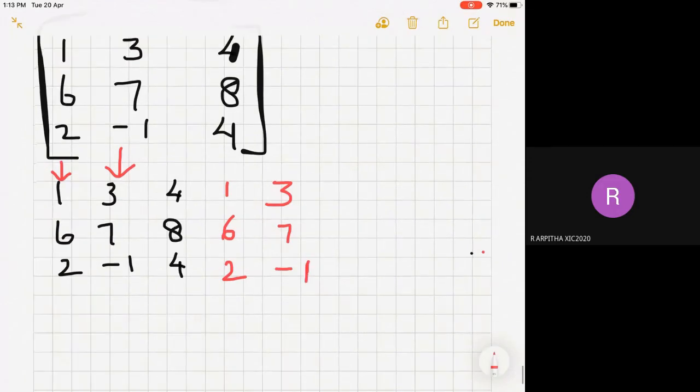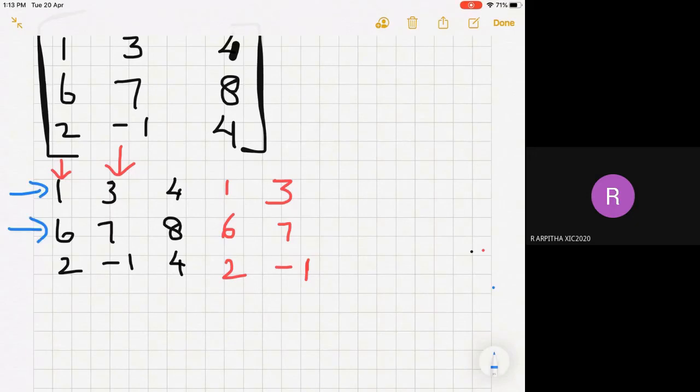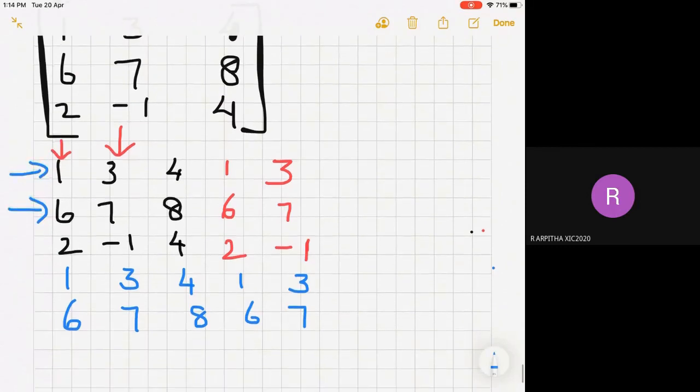Now after that, first I copy the first two columns. After that I copy the first two rows. The whole row will be copied: 1, 3, 4, 1, 3, 6, 7, 8, 6, 7. No mistake should happen here. I just copied.